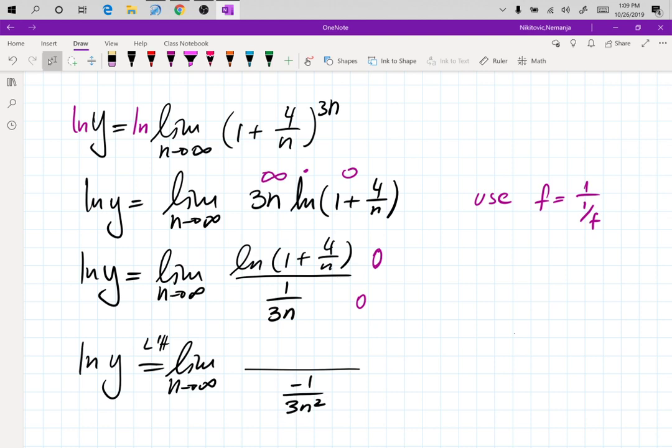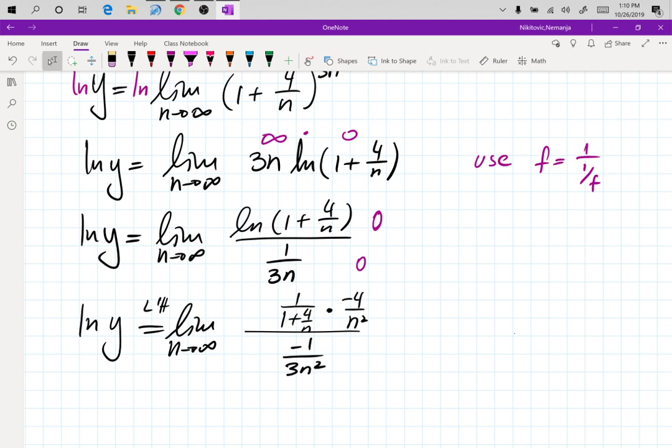So the derivative of ln is 1 over (1 plus 4 over n), and then times the derivative of the inside, which is negative 4 over n squared. That's the chain rule. So a little bit convoluted, but we can deal with it. Multiply everywhere by 3n squared to get rid of the negative 3n squared, to get rid of the bottom fraction completely.